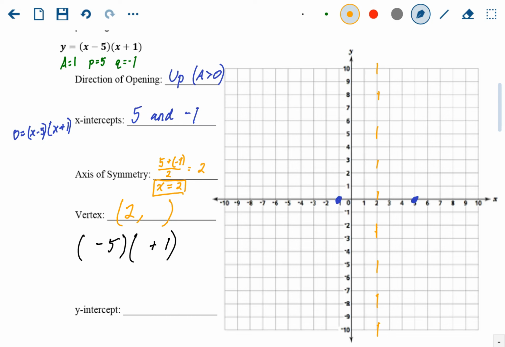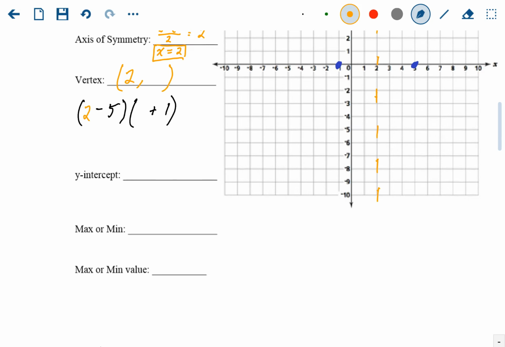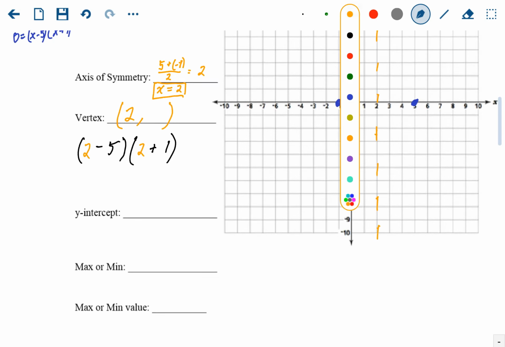So 2 minus 5 times 2 plus 1. 2 minus 5 is -3, times 3, which is -9. So our vertex is at 2, -9. So we'll graph that down here.